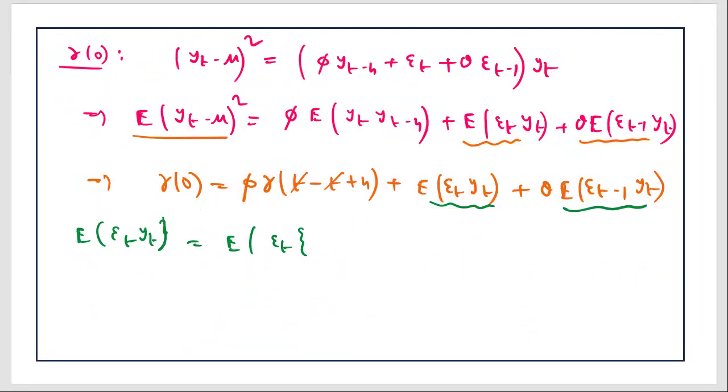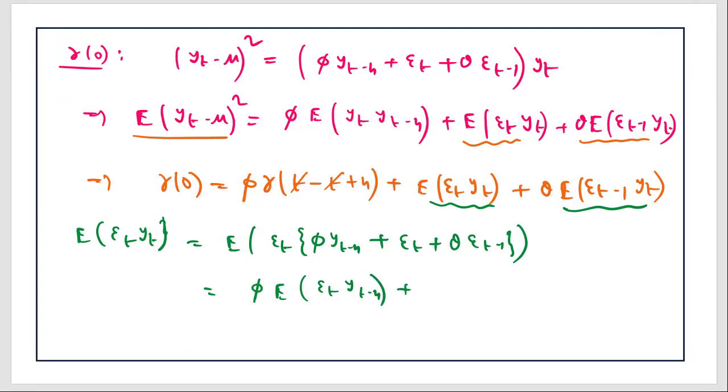So this will be simply phi of yt minus 4 plus epsilon t plus theta epsilon t minus 1. This is the original function. If you take expectation on individual terms, plus expectation of epsilon t whole squared plus theta expectation of epsilon t minus 1.